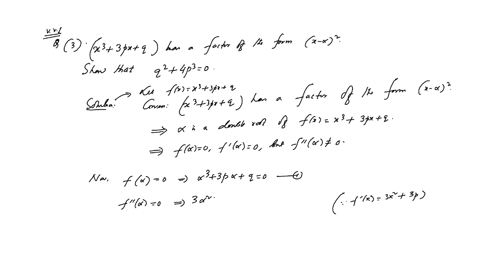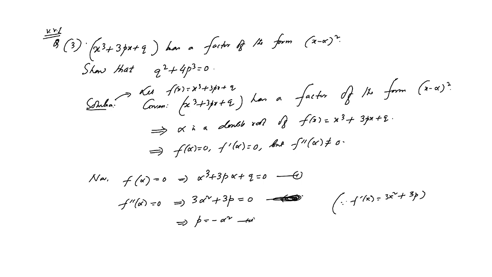So that means 3 alpha square plus 3p equals 0, which implies p equals minus alpha square.